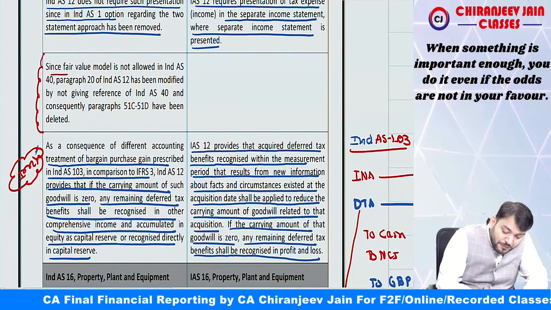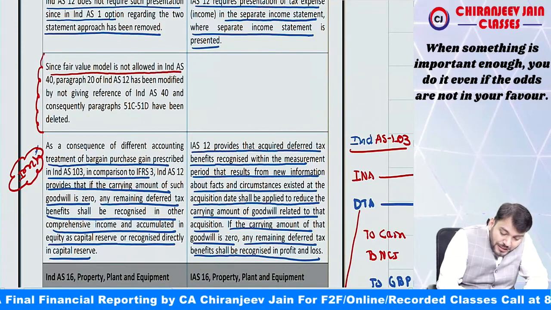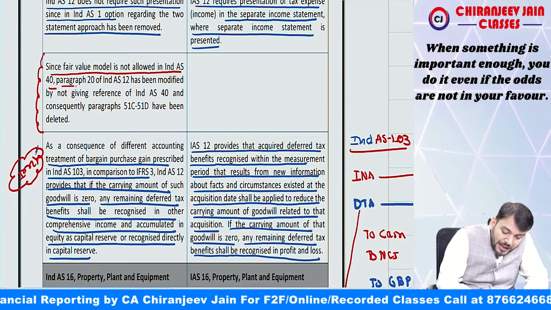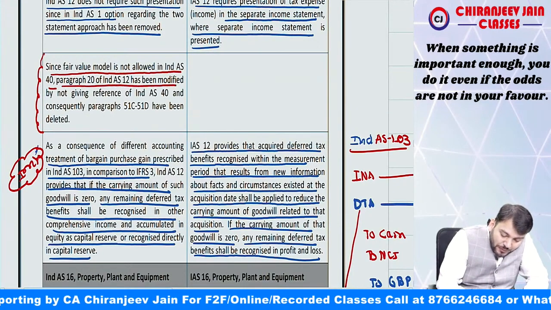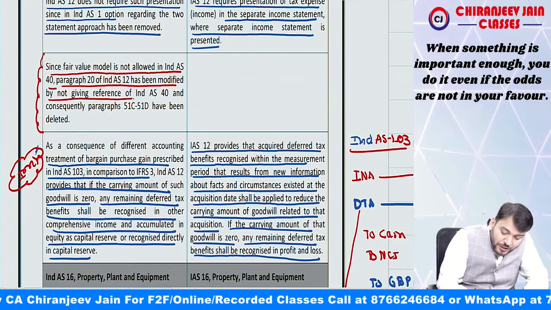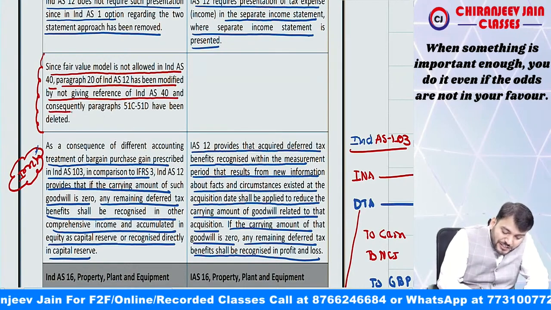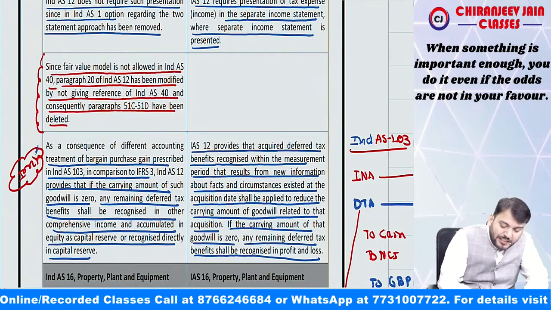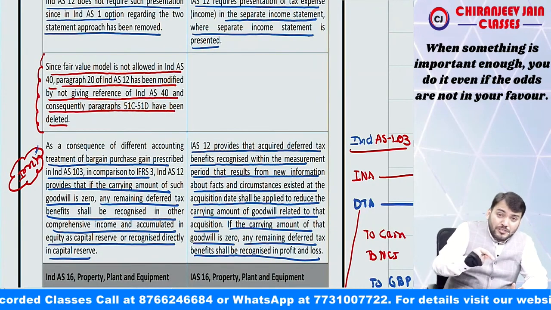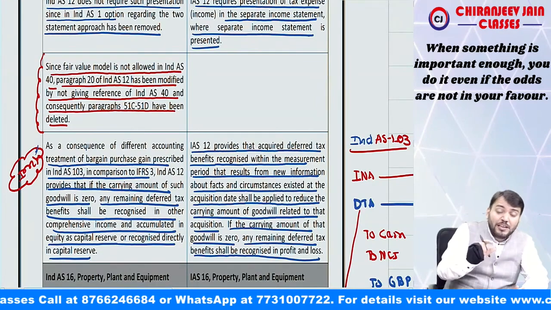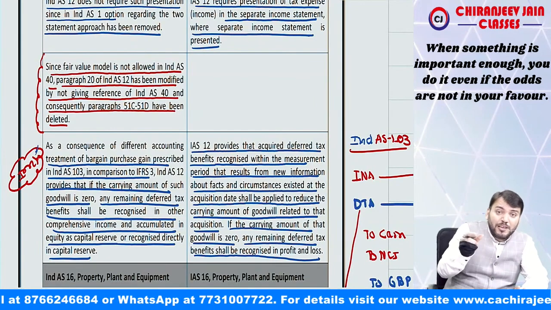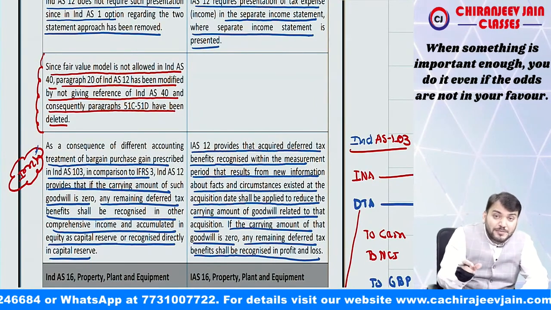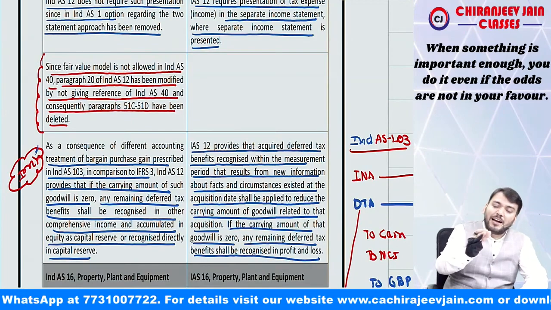What they said, since the fair value model is not allowed in Ind AS 40, para 20 of Ind AS 12 has been modified by not giving reference of Ind AS 40, and consequently para 51C and 51D have been deleted. So because now under Ind AS 40, the fair value model cannot be applied for investment property, some paras have been modified or deleted under Ind AS 12.